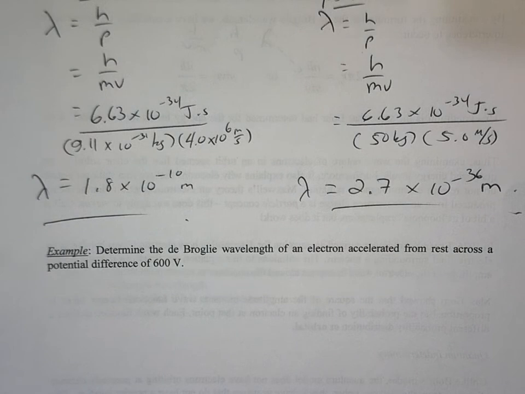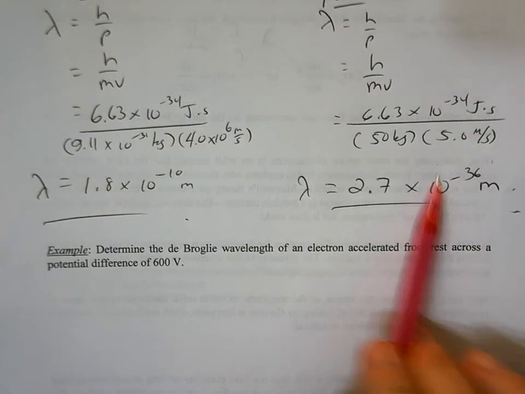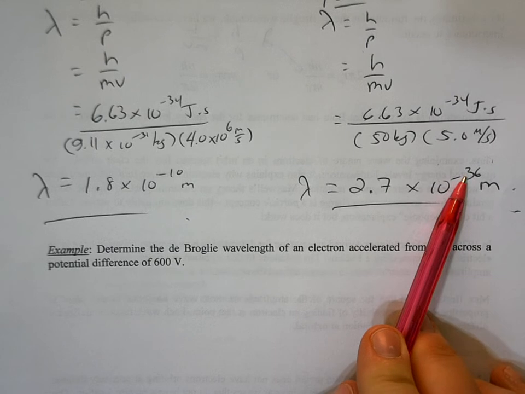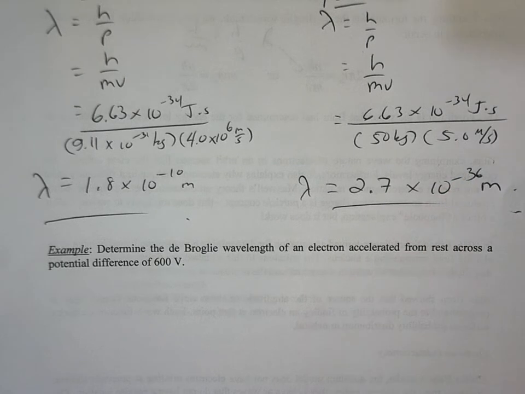So treating a person like a wave, you'd certainly have a wavelength, but it's so small that it's pretty much inconsequential. The other thing is, to diffract, you need your wavelength and the spacing between the slits to be in the same ballpark. Good luck getting a slit that small. So no, we are not going to be able to diffract.